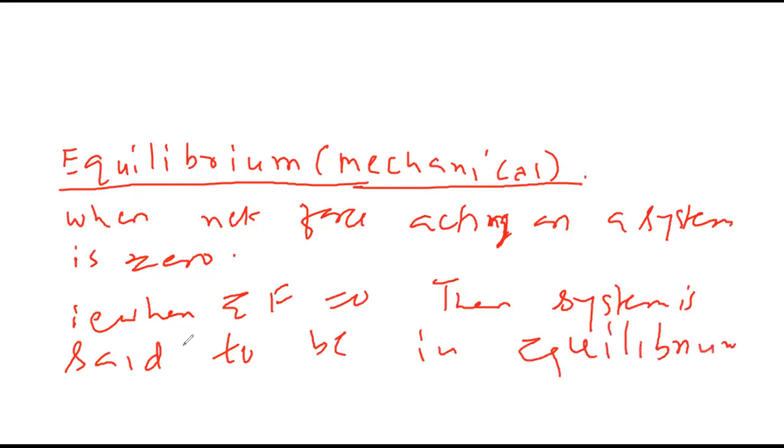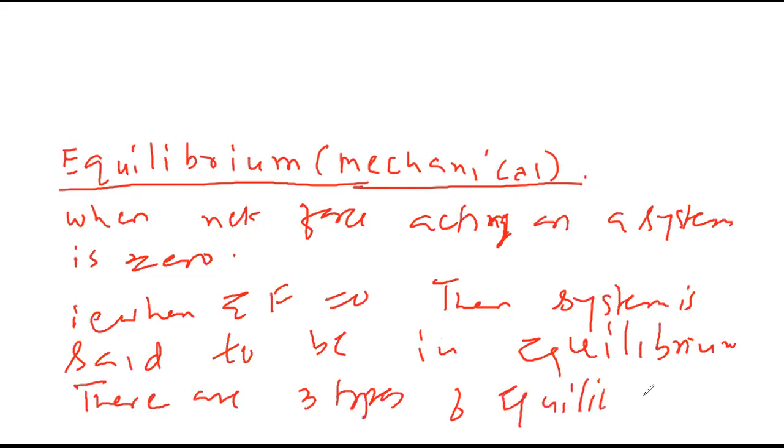There are three types of equilibrium. First is called stable, second is called unstable, and third is called neutral.